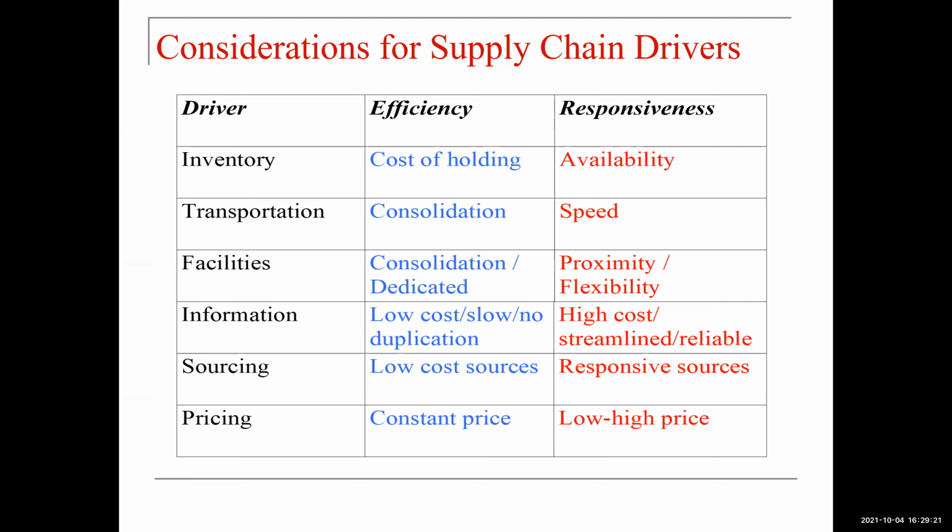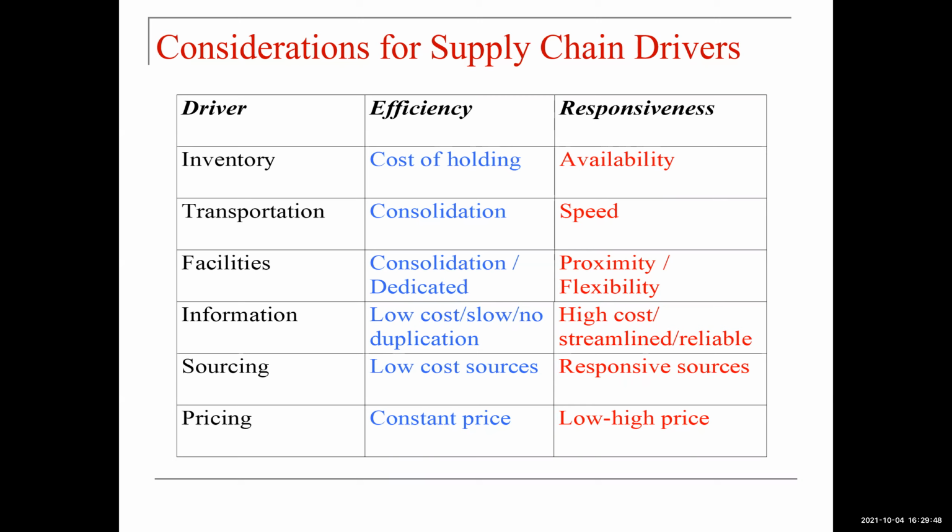So if you put a lot of money into keeping your warehouse full, that's a cost, but you're going to be able to respond quickly. If you don't put money into your warehouses, or you want to keep a very small amount of items in inventory, that's going to save you some money in terms of efficiency, but it's going to cost you in terms of being able to respond.